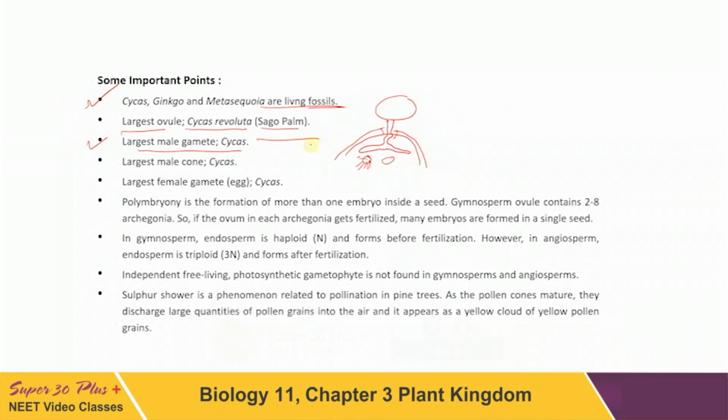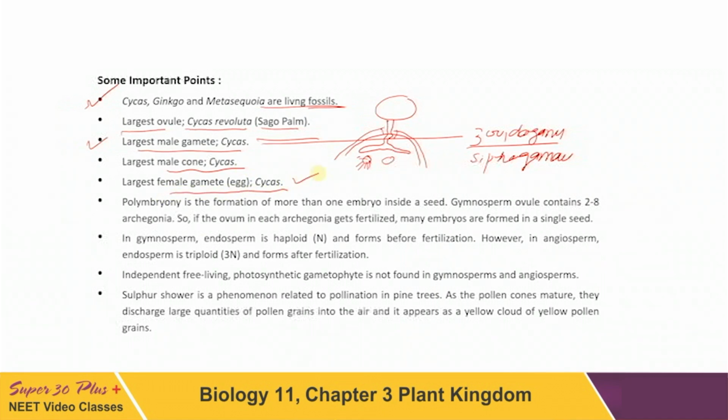Therefore this is known as zooidogamy, and along with zooidogamy, as it is making the pollen tube, it is also known as siphonogamous. The largest male cone is in Cycas.